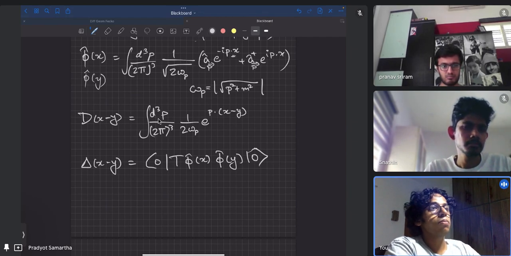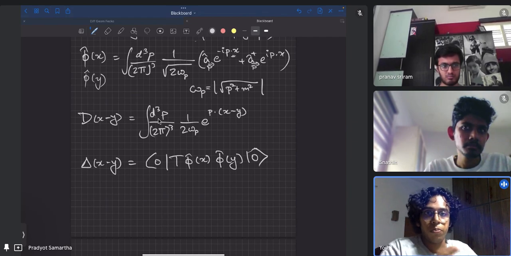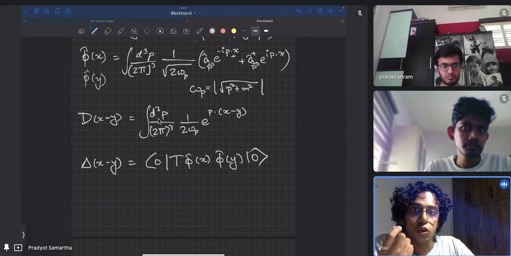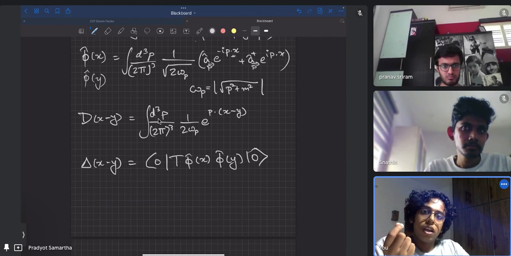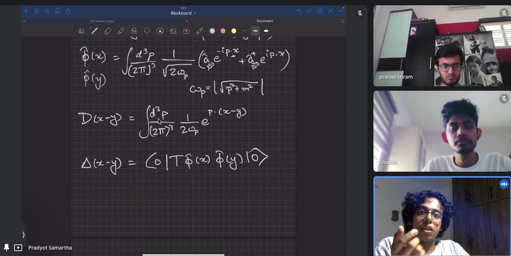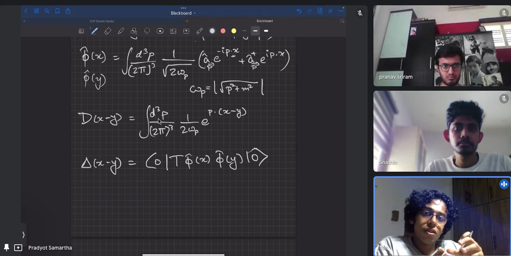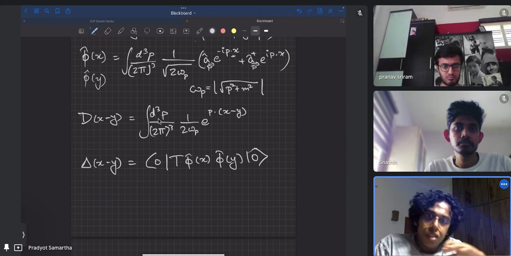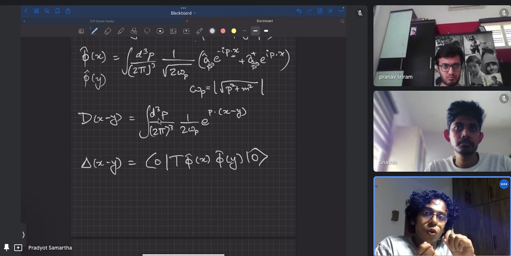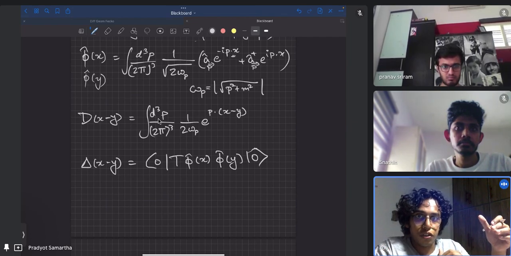It means that if I define my propagator for a particle to originate at x, and something else happens at y, you can't have an annihilation before a creation.